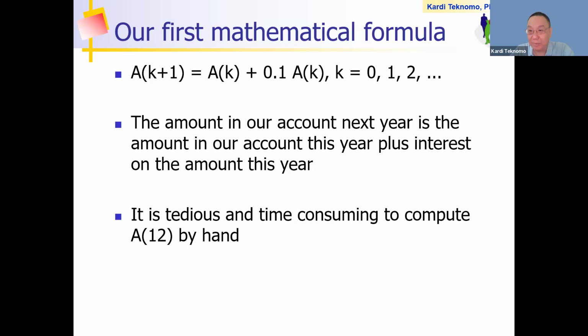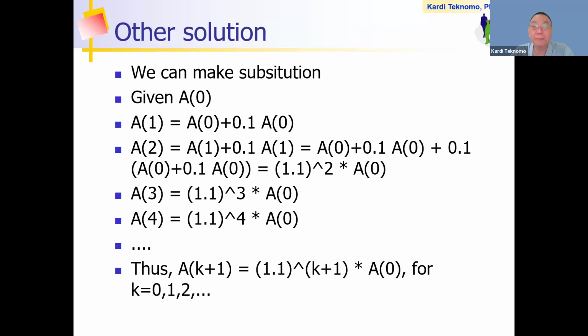The other solution is to compute by substitution. Initially you have A0, this is your 1,000. Then we apply the same formula: A1 equals A0 plus 10% of A0. A2 is equal to A1 plus 10% of A1. Isn't that the formula a while ago? But A1 is already computed, so we can put it back here.